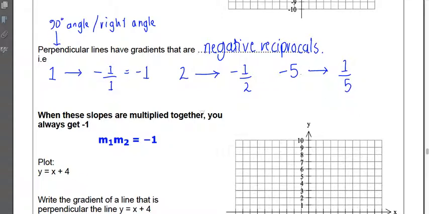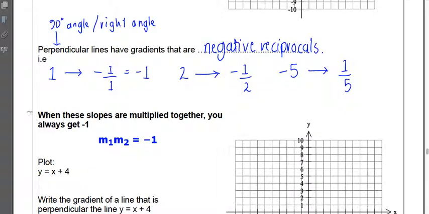Now, the thing that you will notice about these numbers is when you multiply them together, so when you go 1 times negative 1, or 2 times negative 1 over 2, or negative 5 times 1 over 5, what you will always get is negative 1.